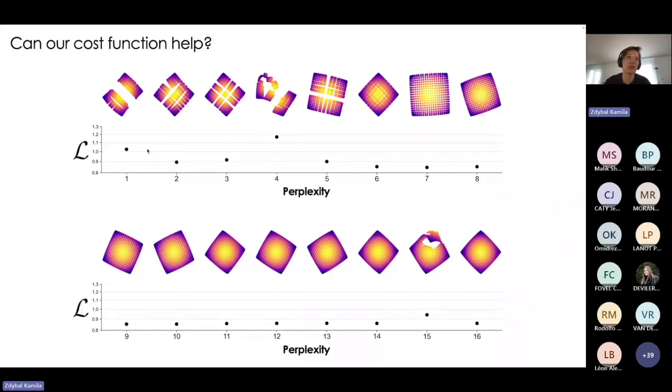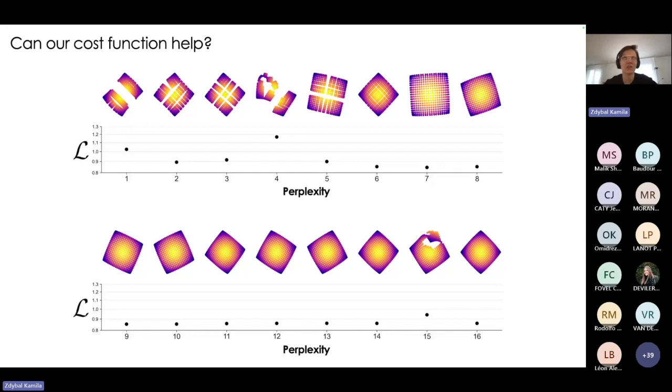In this case, you see that even for perplexity 1, we get a pretty good, still global structure of that original grid. So we do not get these threads like we did for that earlier data set.